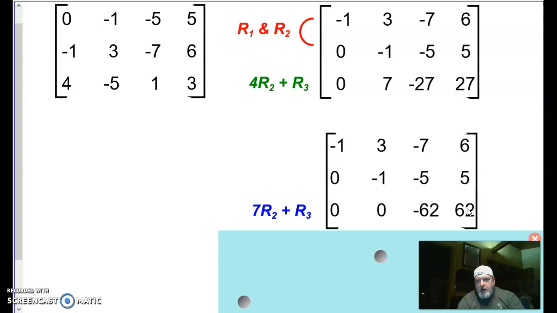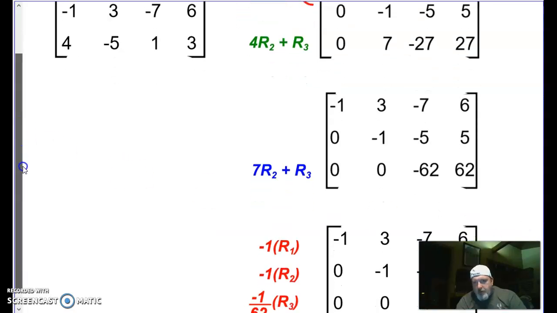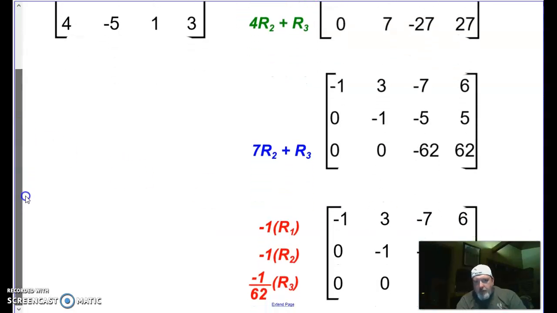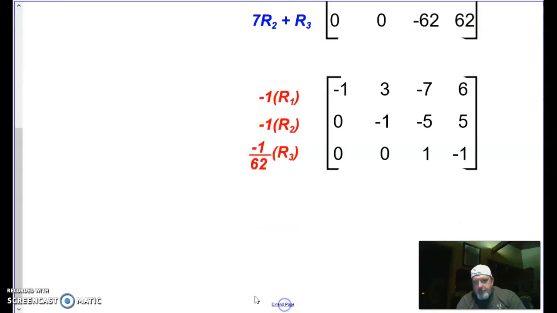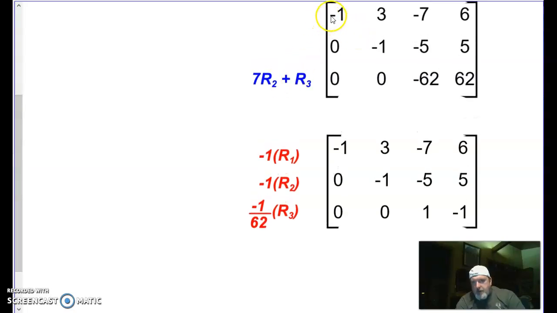At this point, we are almost to where we need to be, and we got one last step here. I want this to be a positive 1 and this to be a positive 1, so our final step is we will just multiply both of those rows by negative 1. So if I take this top row times negative 1, that is going to change all of these numbers here.